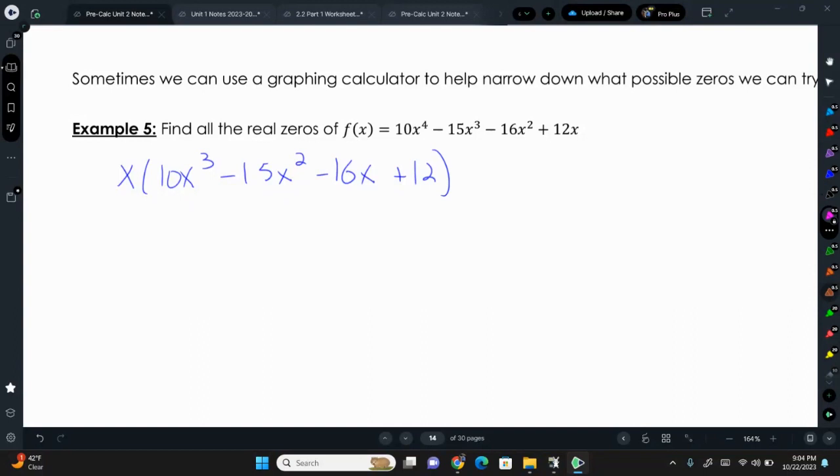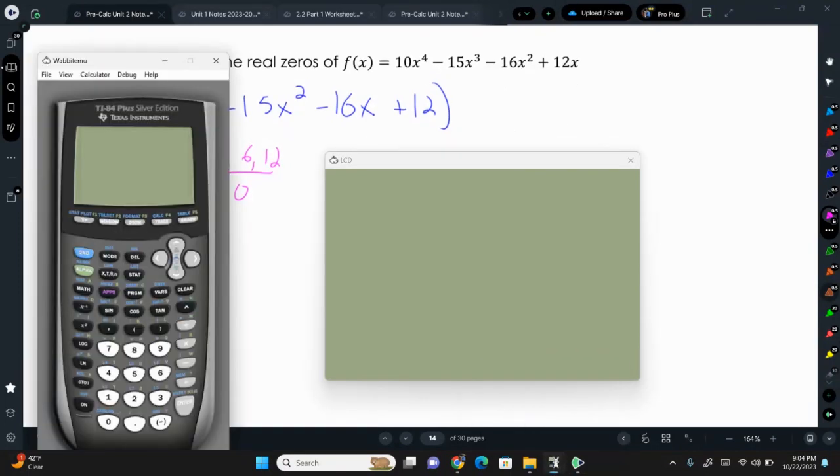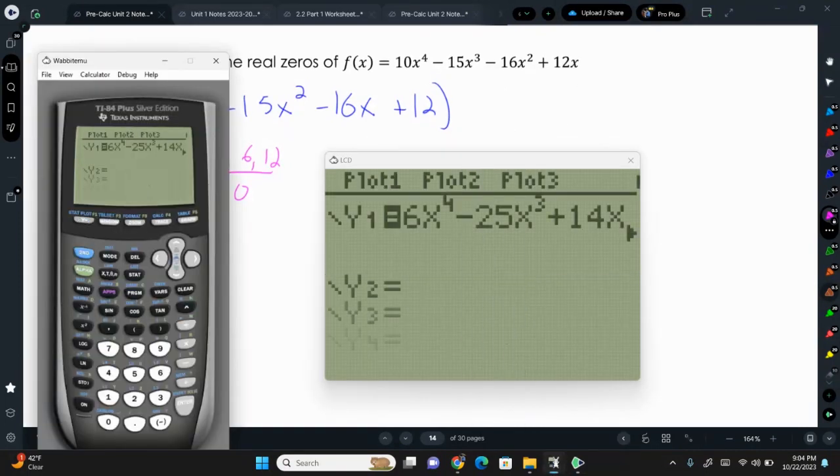So many that I don't really want to write them down. Plus or minus factors of 12, 1, 2, 3, 4, 6, and 12, divided by the factors of 10, 1, 2, 5, 10. So yeah, that's going to be way too many to list out. So we're not going to.